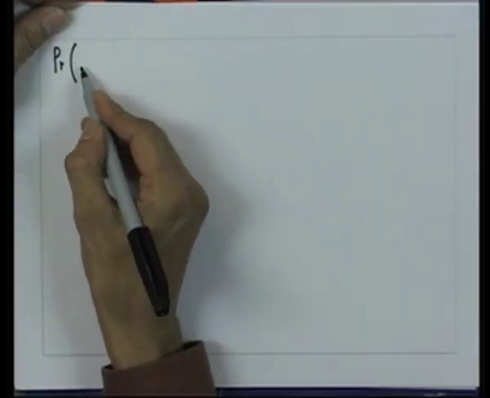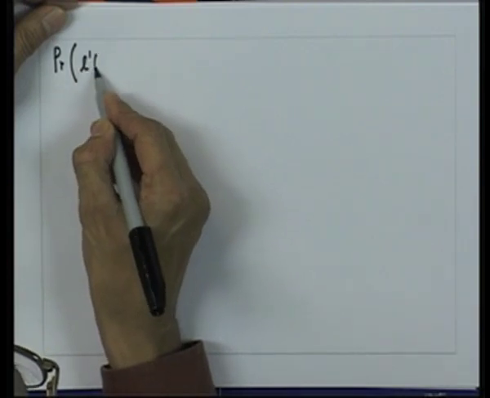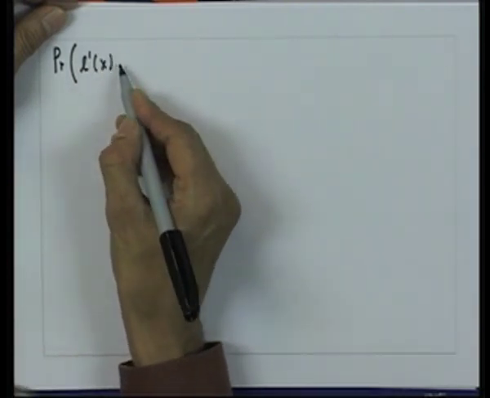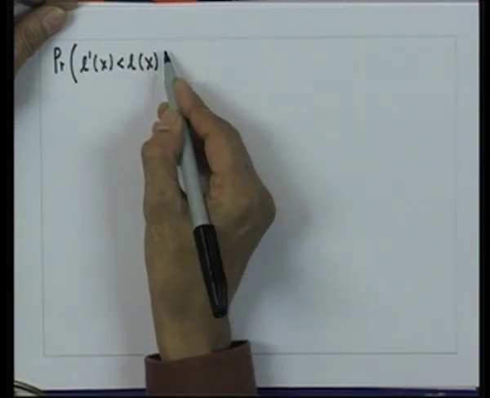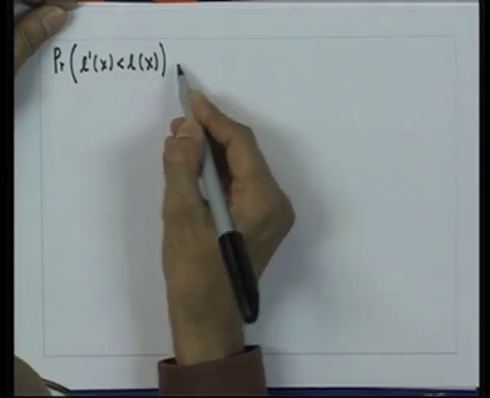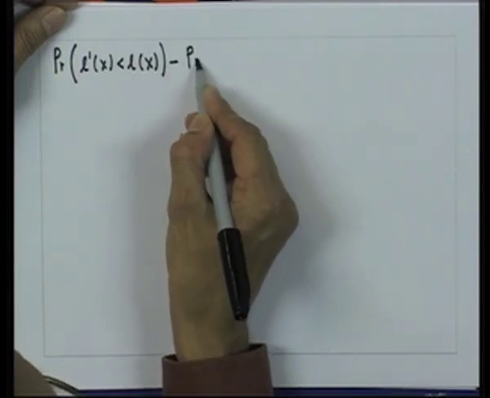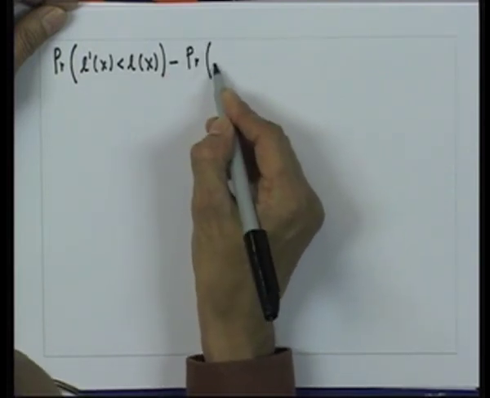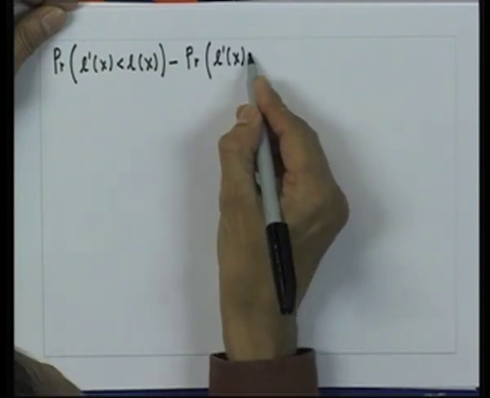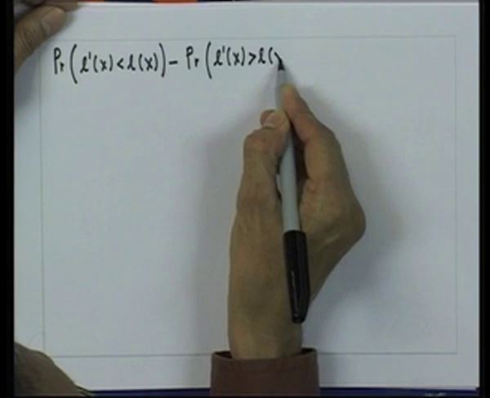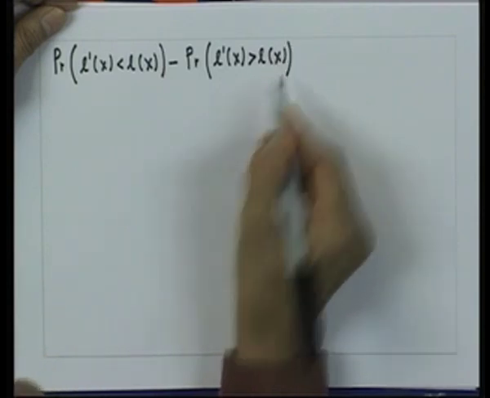So, based on this, we can now write the probability of L'(x) being less than L(x) minus the probability of L'(x) being greater than L(x).